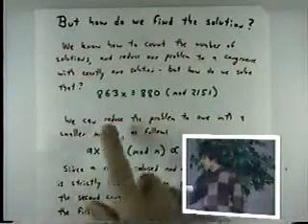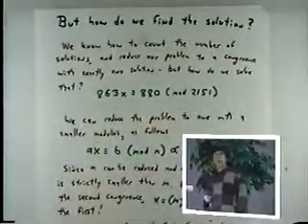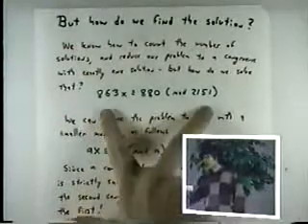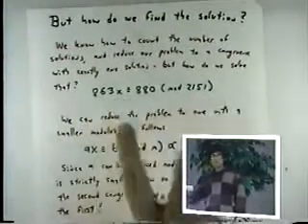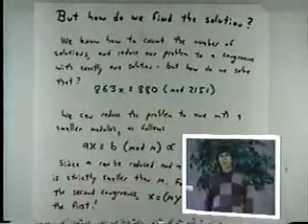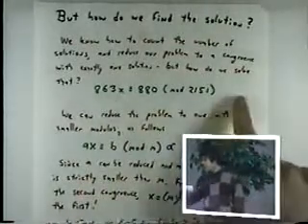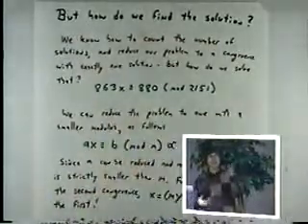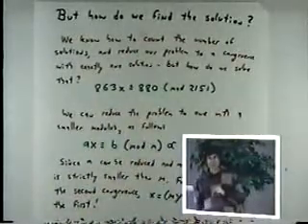If we have more than one solution, we can divide by the greatest common divisor to reduce it to a problem where there is only one solution. And once we have that one solution, we know how to expand it back to give us all the solutions.